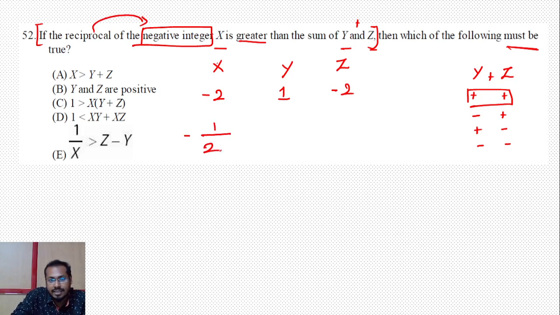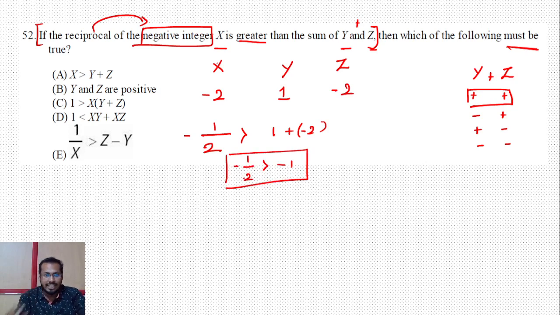So I can write 1 by -2, that is -1/2, is greater than the sum of y plus z. So 1 plus -2, what is that? 1 plus -2 is -1, and here -1/2. So the condition given in the question is satisfied. Now I can confidently take these numbers, apply them in the options and check which is right.